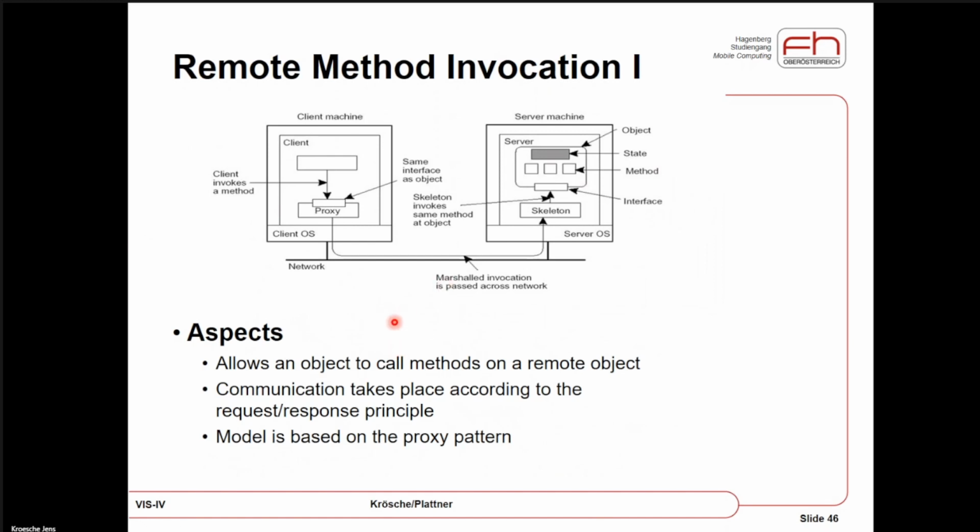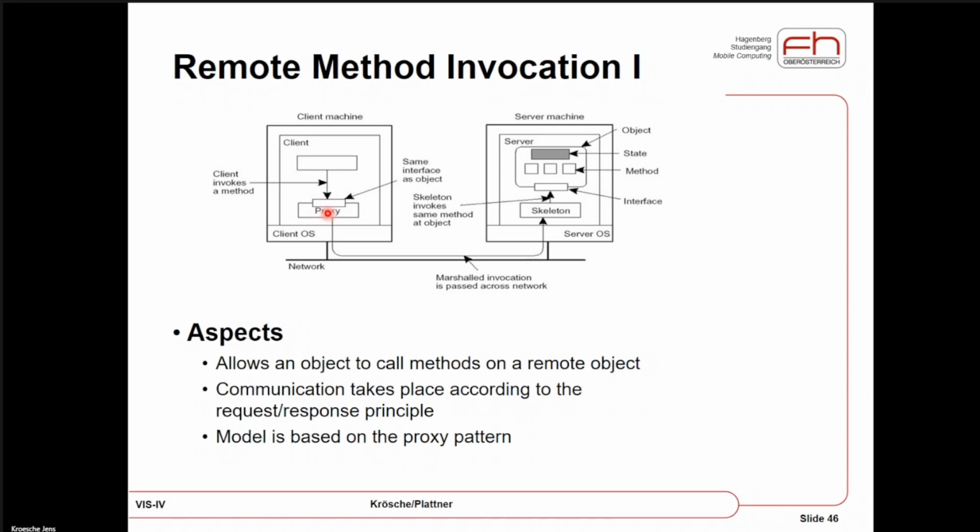So as you already heard multiple times, procedural programming was replaced by object-oriented programming, and therefore we had to come up with a new naming for remote procedure calls. And what popped up was remote method invocation, because now the client invokes a method of a specific object, and as we don't have the object locally, we have something that looks like the object but isn't really having the functionality.